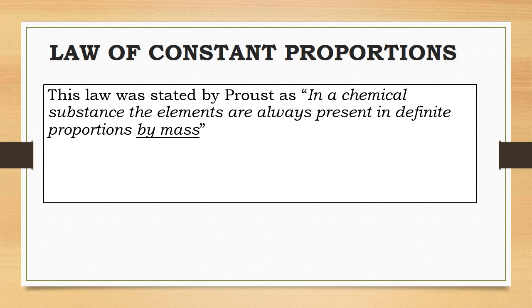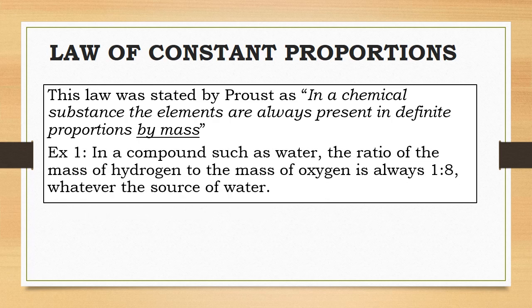we have a compound from any part of the world, it will have same composition irrespective of where we are getting that compound from. Say for example, if we take water from any part of the world, irrespective of the source, water will have two elements, hydrogen and oxygen.